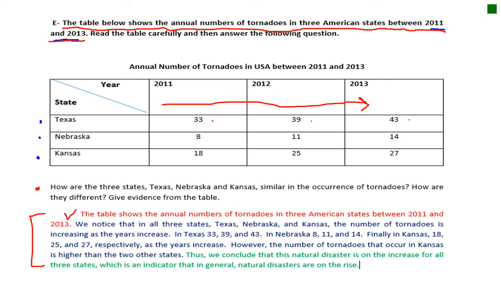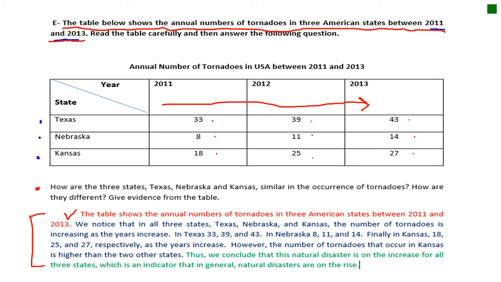What do you notice? Increasing. Nebraska, 8, 11, 14. Also increasing. Kansas, 18, 25, 27. So we already reached a certain conclusion here that in all 3 states between 2011 and 2013, the number of tornadoes is on the increase.